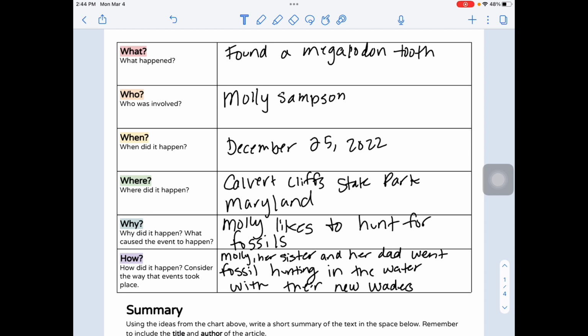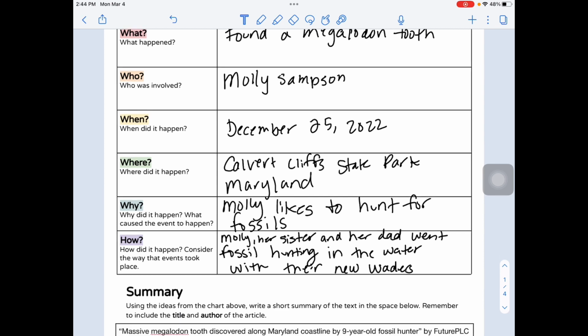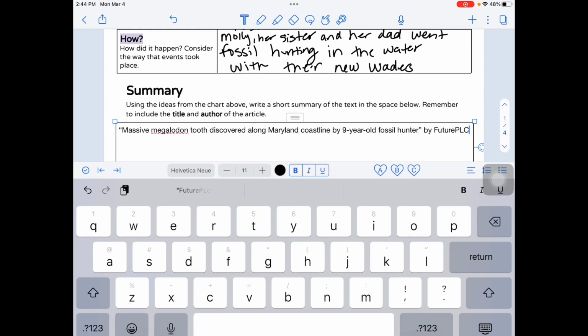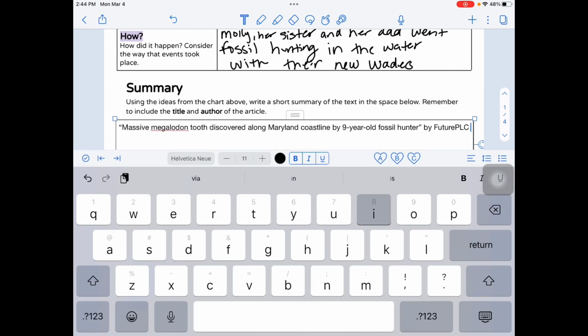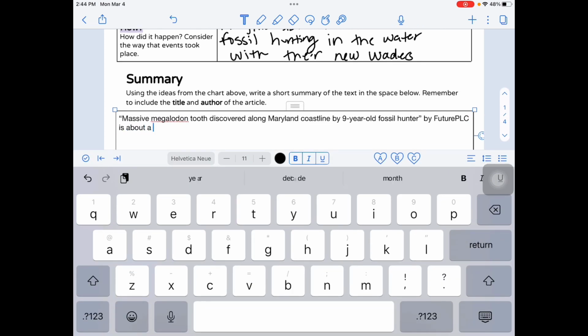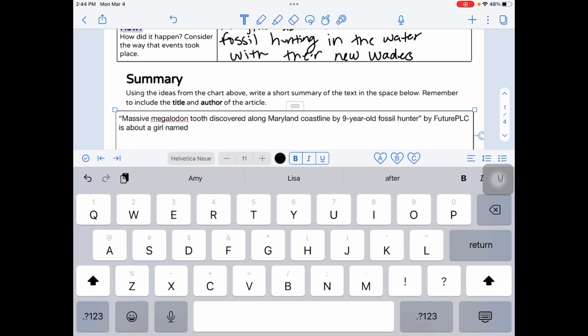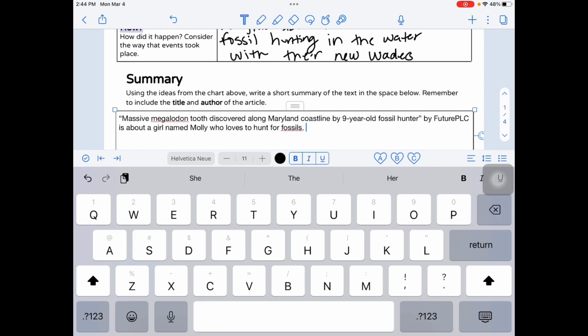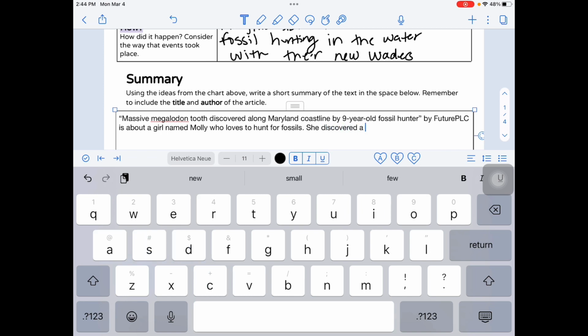But I'm just going to combine this information, a lot of it, to make a really short couple sentence summary that hits all the important points. So after my title and author here, I will say, is about a girl named Molly who loves to hunt for fossils. She discovered a megalodon.